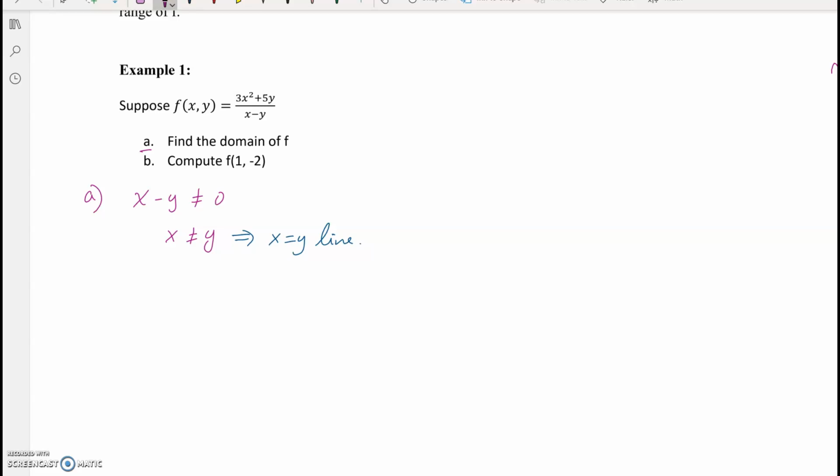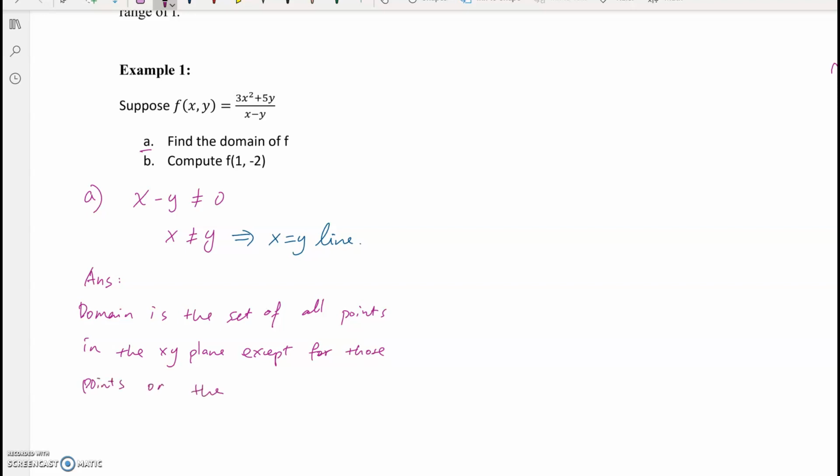So we can conclude the domain is all points in the xy plane except for the points on the line x equals y.